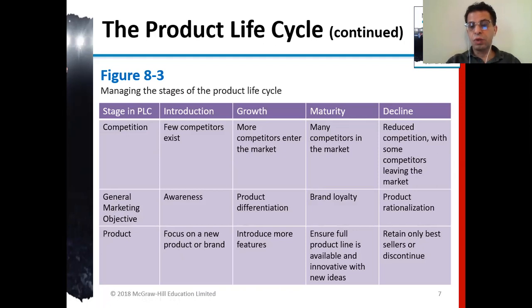Then in the growth, we added more features. We started Arabizing it, doing Hijri, different dates. And then at the maturity, we ensure the full product line is available with innovative and new ideas.